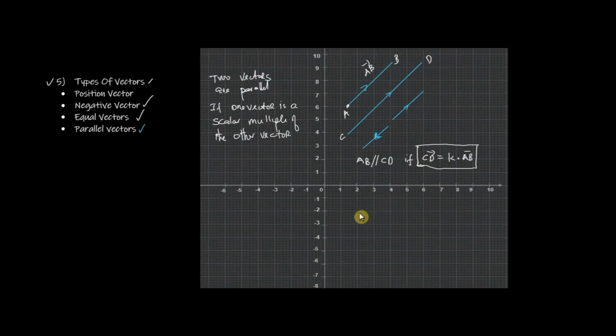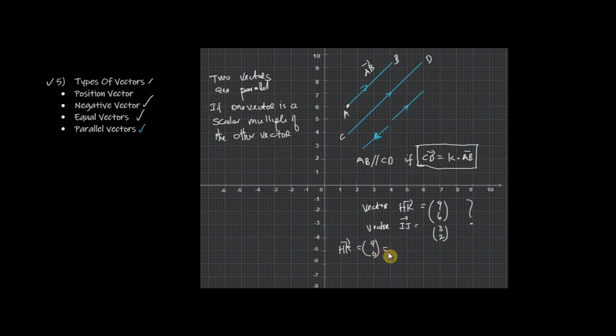So if I have vector HK equal to 9, 6, and I have vector IJ equal to 3, 2, then are these vectors parallel? So I would test to see if HK is a multiple of vector IJ. Let's examine HK. HK is equal to 9, 6.